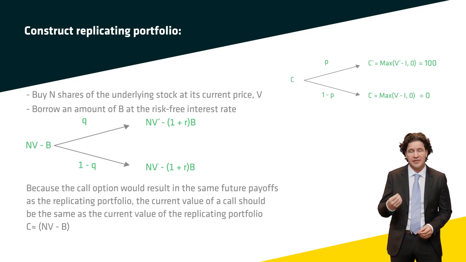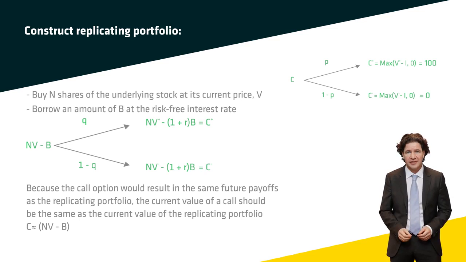So in the upward state, the value equals the upward value of the option, and in the downward state, the value equals the downward value of the option.